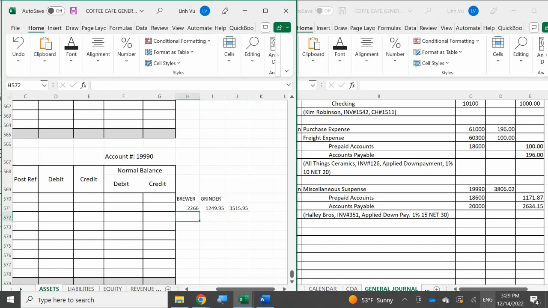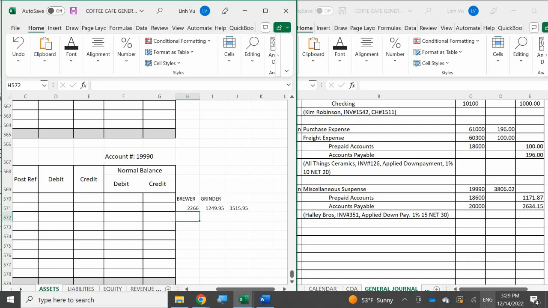Now, we also have to split the tax because we need to know how much tax is going to go towards my coffee brewer and how much is going to go towards my coffee grinder, because these are two separate assets that I'm going to need to depreciate separately. I can't assume that my miscellaneous expense is going to be one conglomerate. It's not going to be one whole piece of equipment. I need to separate the two.